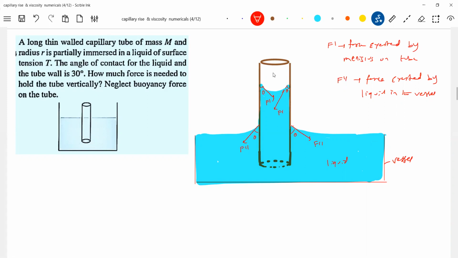Okay, fine. So we are not bothered about the meniscus. Now on the capillary tube is needed. Then the weight of this tube will act. So how much external force should I apply?